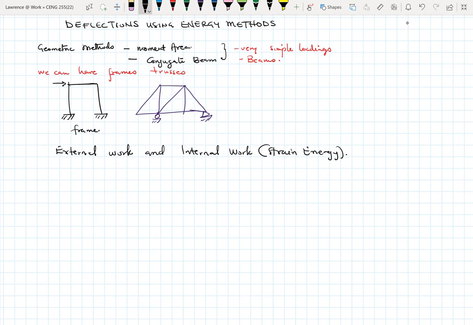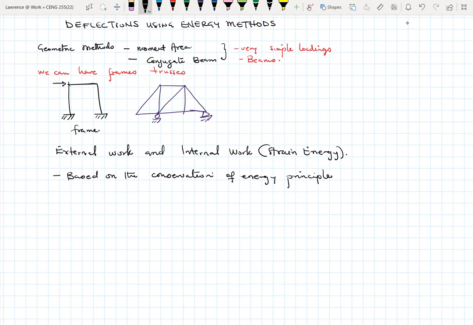The energy method is primarily based on the conservation of energy principle, which says that energy is neither created nor destroyed, but it transforms from one state to the other.